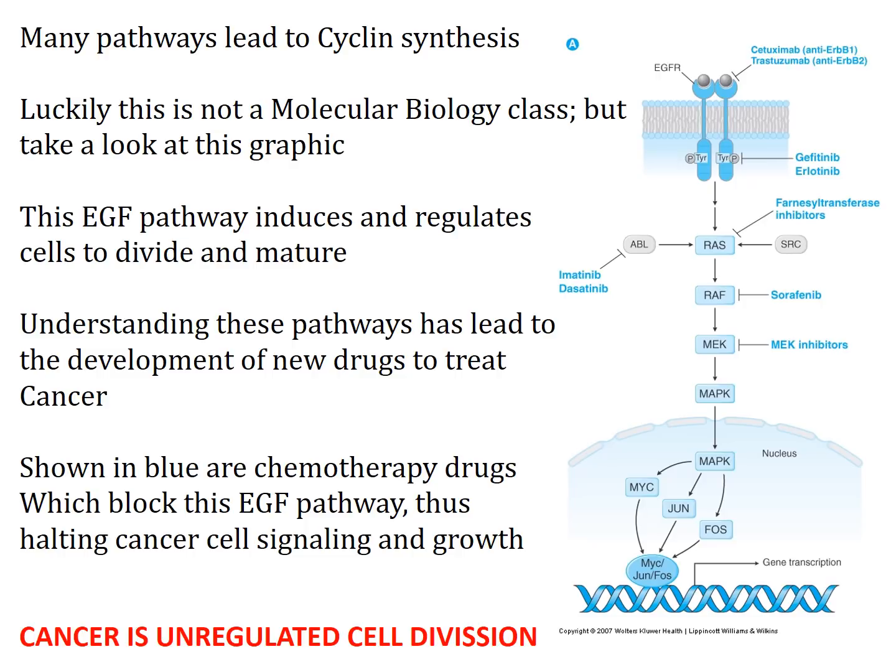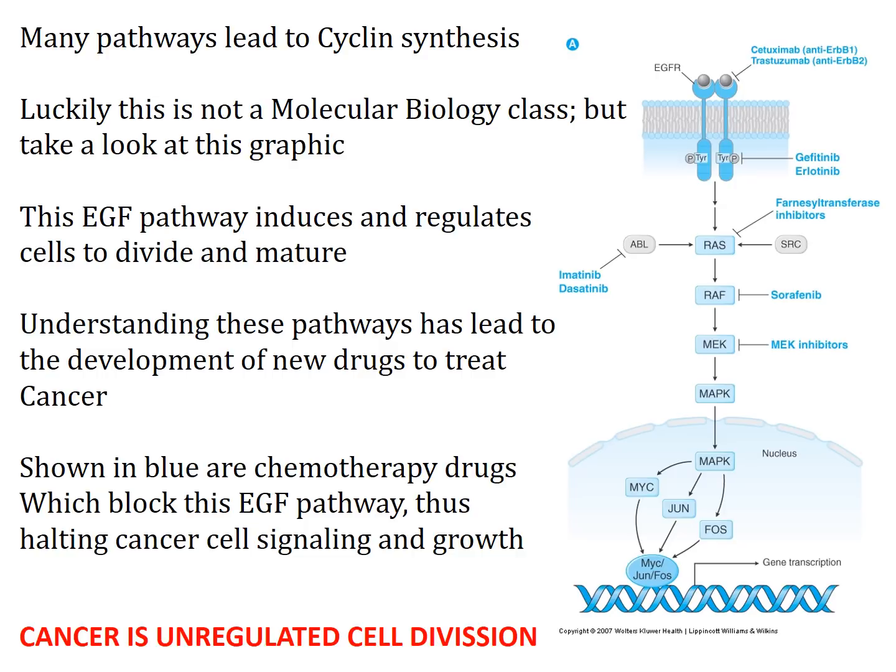If we have a bunch of cancer cells dividing, and those cancer cells are dependent on that EGF pathway for division, then we can target the EGF pathway, shut it down, and therefore stop that unregulated division of the cell.